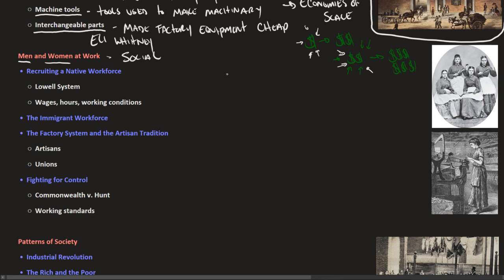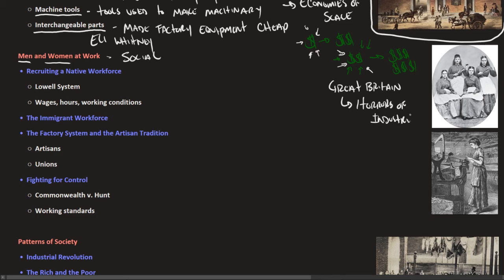Now, one of the things that the United States benefited from was Great Britain, which was the first nation to industrialize. They had gone through the process of creating factory systems. And what was realized in a lot of these British cities were really the horrors of industry.